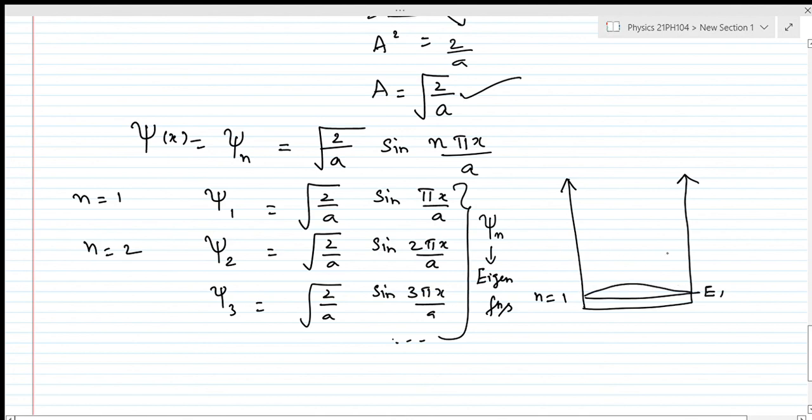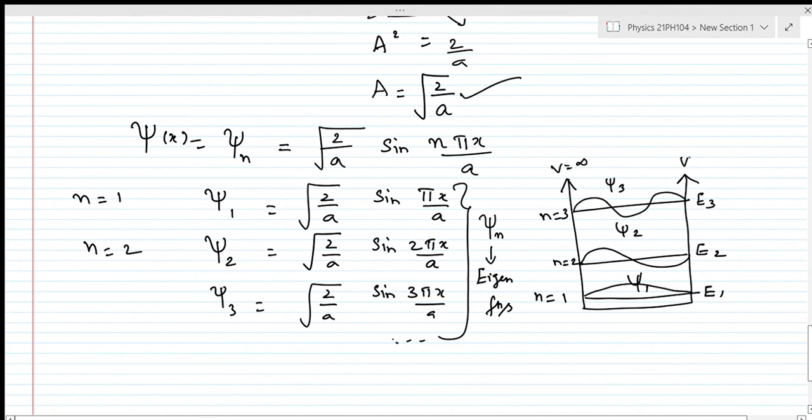And then when n is equal to 2, the energy is E2, and you draw psi 2. Similarly, when n is equal to 3, for energy E3, you draw the wave function psi 3, it is here.